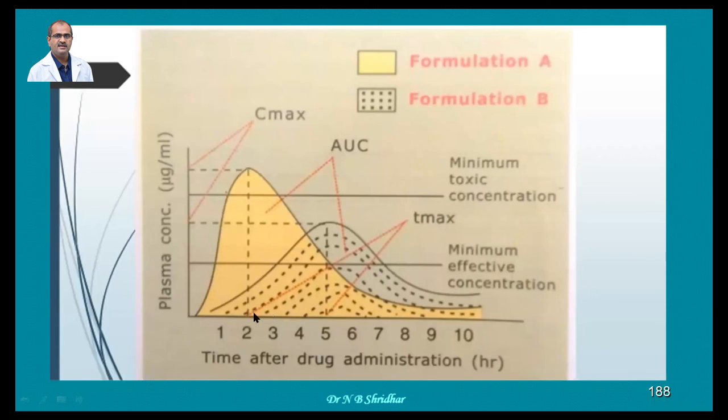And this is the Tmax, meaning the time at which the Cmax is reached. A drug is administered, it goes on increasing and reaches the maximum, which is Cmax, and the time required to reach this maximum concentration is Tmax.